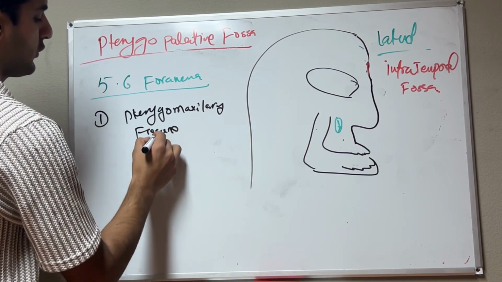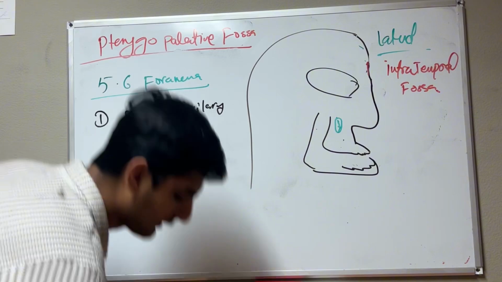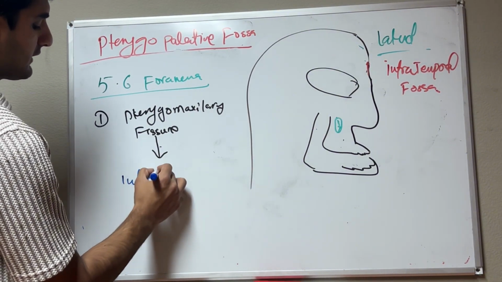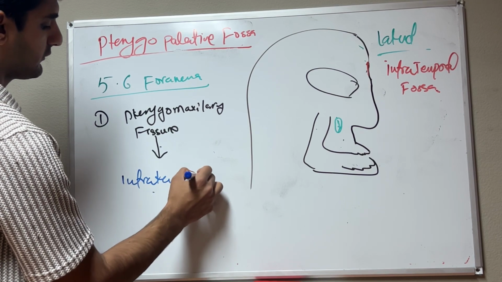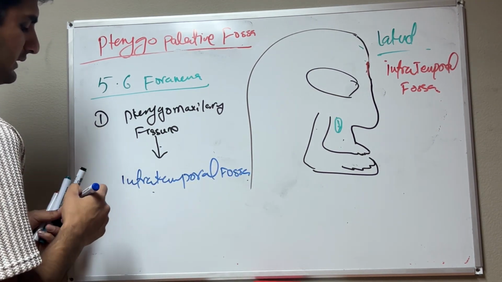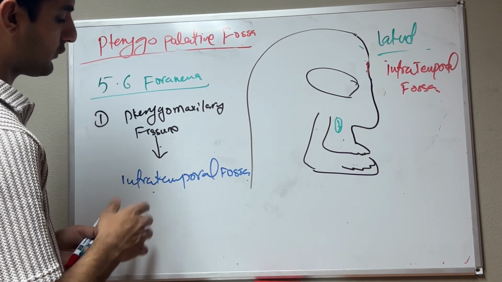The pterygomaxillary fissure opens into the infratemporal fossa. Okay, this is the first connection, the first opening.